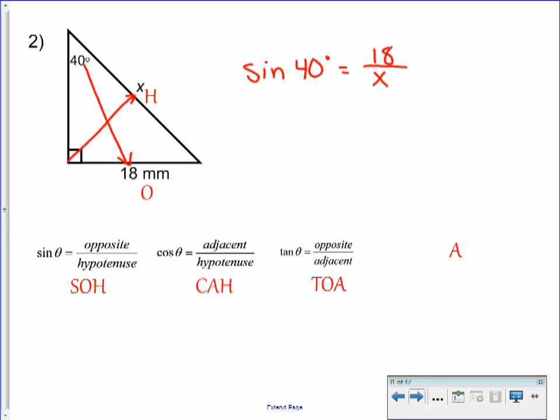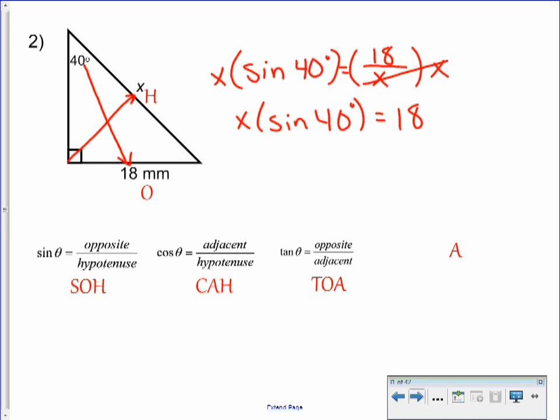Now, how are we going to solve this? This is actually a two-step process. We see that x is in the denominator, unfortunately. So the first thing we need to do is multiply by x so we can get it out of the denominator. But now it's attached to a sine 40.